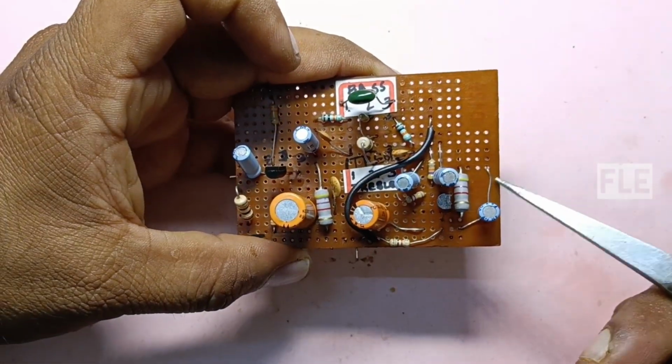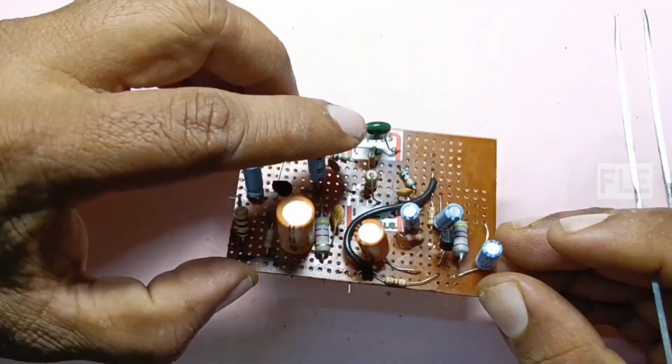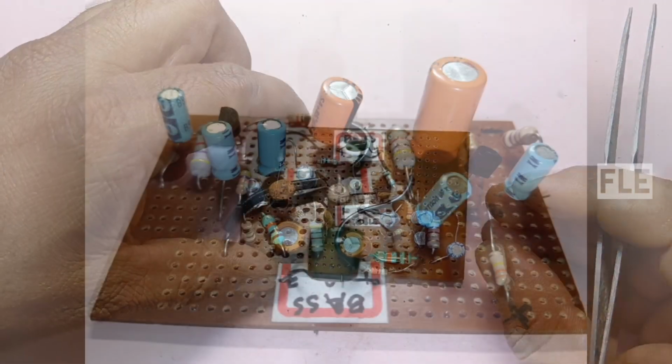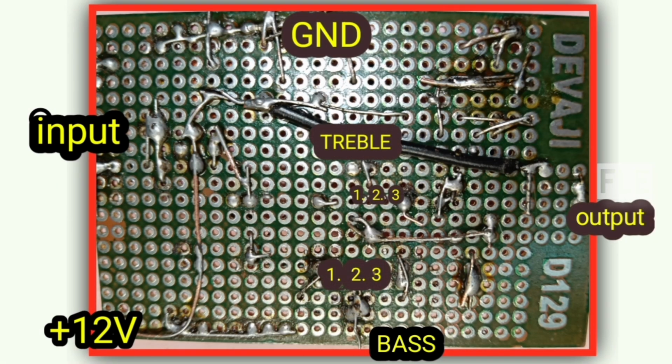The negative terminal of the 2.2 microfarad capacitor is connected to a 100 ohm resistor. From the 100 ohm resistor we are getting the audio output.